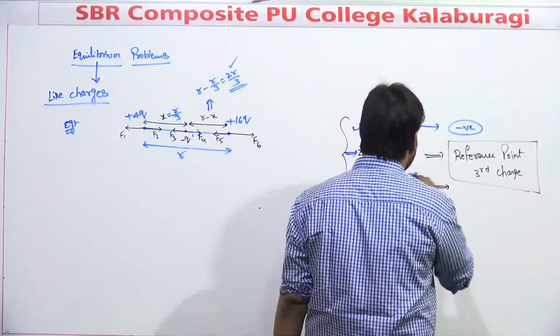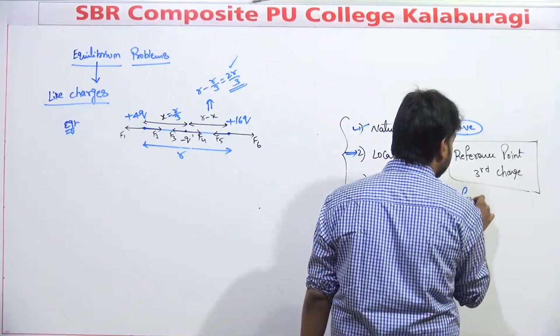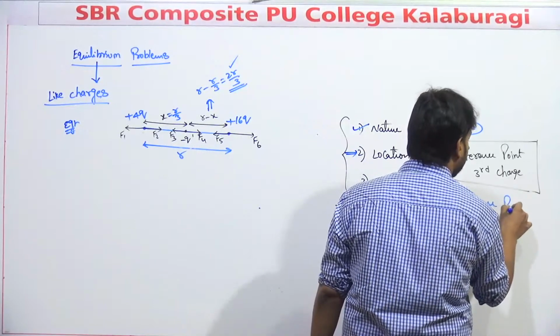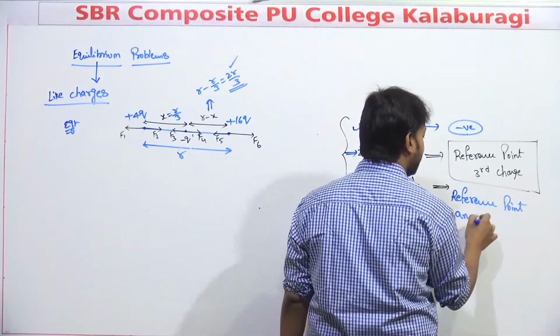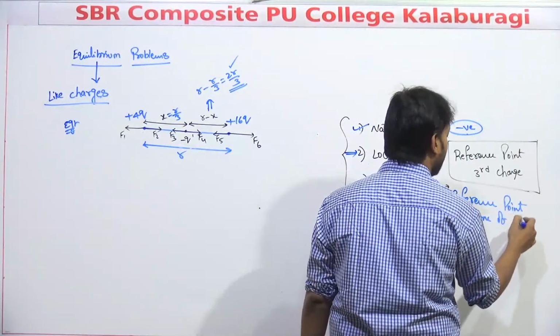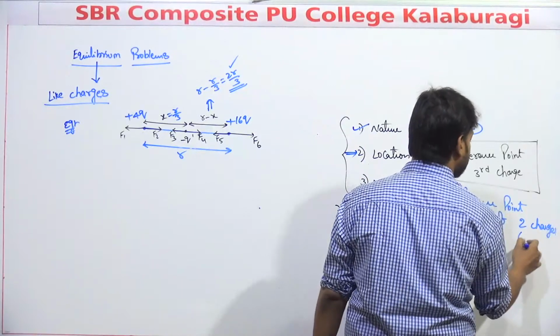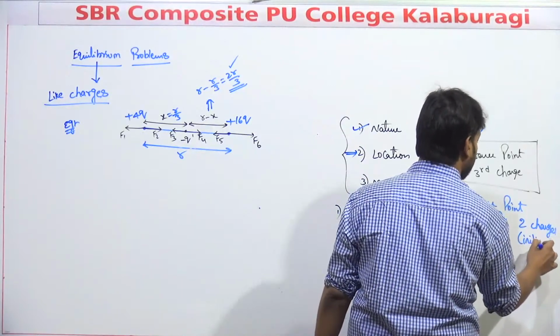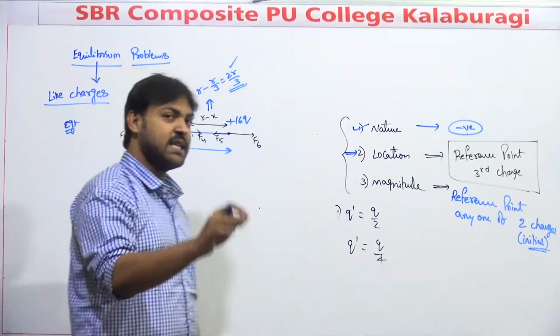Remember that point. So to find the magnitude, the reference point should be any one of the two charges, the initial two charges. Initially, what are the two charges that are there?